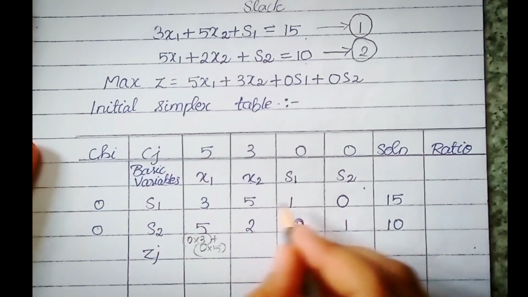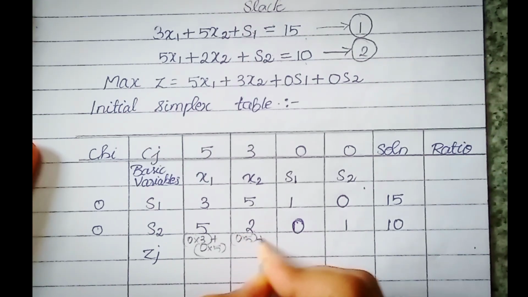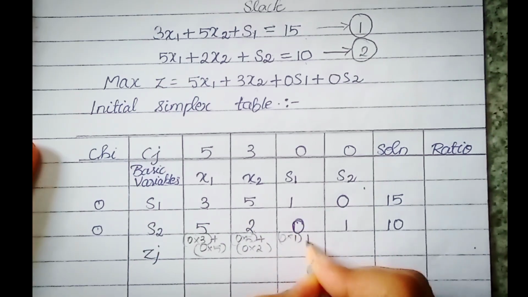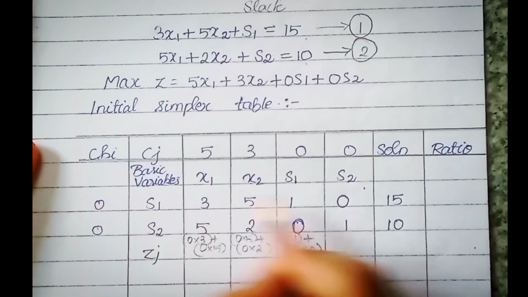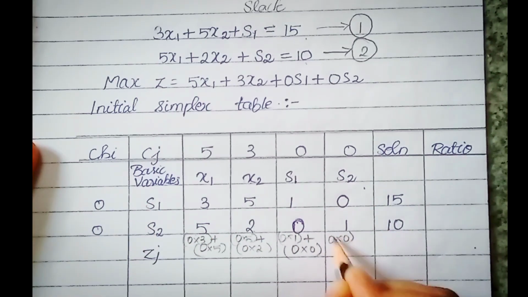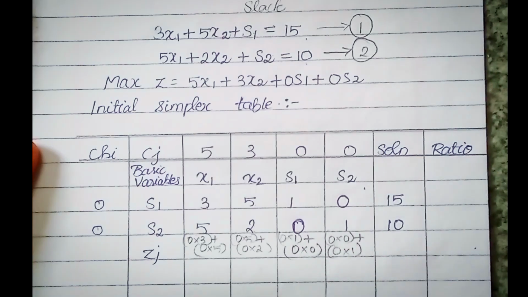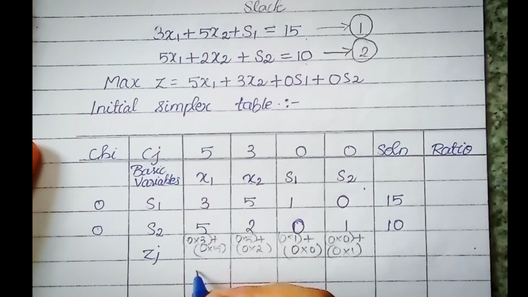Similarly, do with all the other numbers: 0 into 5 plus 0 into 2, 0 into 1 plus 0 into 0, 0 into 0 plus 0 into 1. So the answer will be 0. Anything multiplied with 0 will be 0. So 0 plus 0 will be 0.